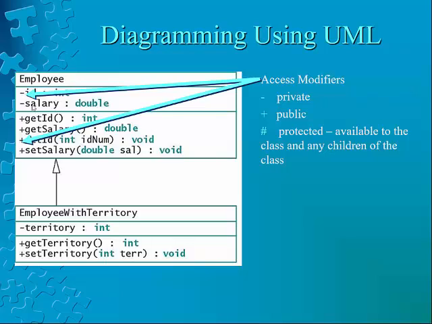So we're going to call this protected, and protected would have a hashtag in front of it. If salary had a hashtag in front of it, salary would be available to Employee, and available to whatever child inherited from Employee, in this case, Employee with Territory. So minus is private, plus is public, hashtag would be protected.